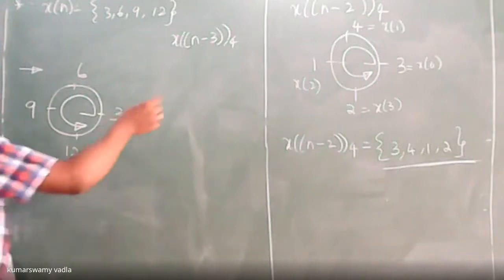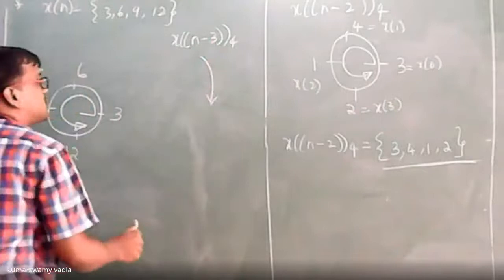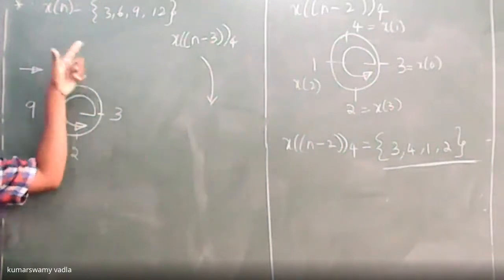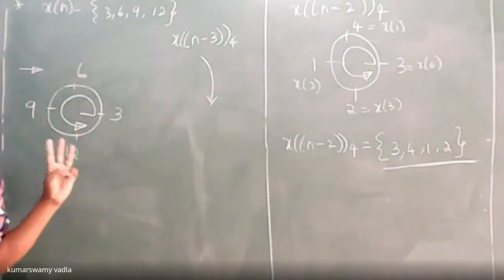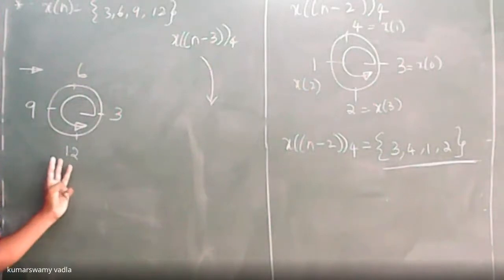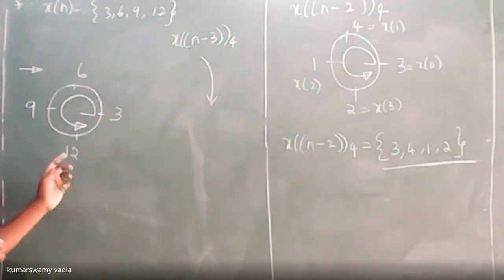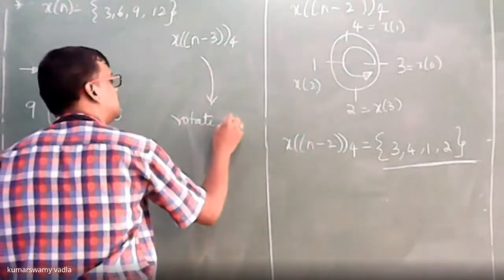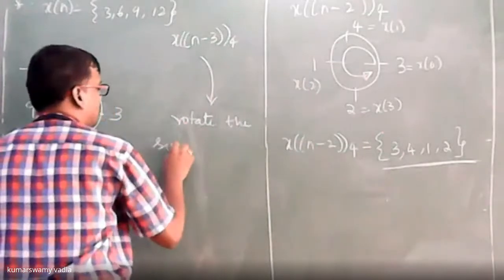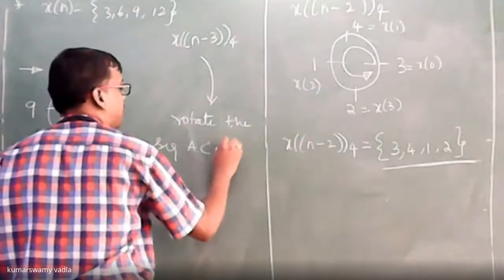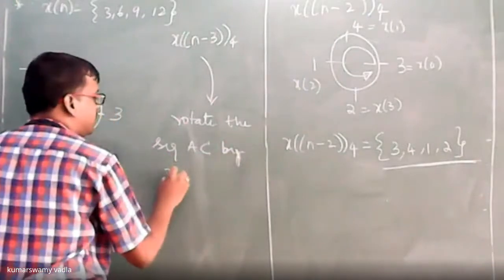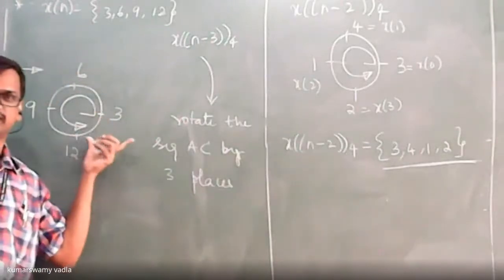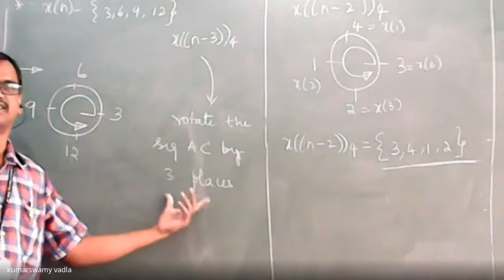Next, if I want to draw this, what should I do now? I should rotate this sequence anti-clockwise by 3 positions. Yes or no, students? Rotate the given sequence anti-clockwise by 3 places.